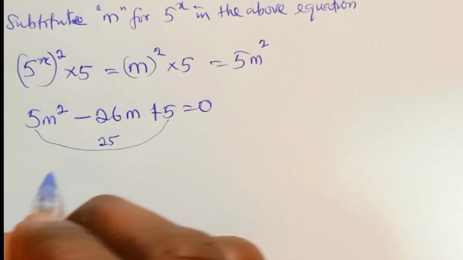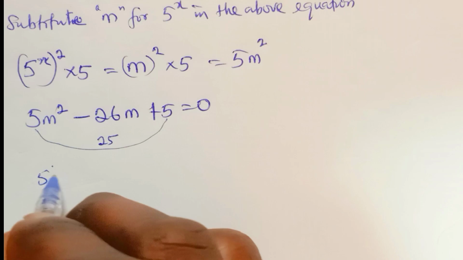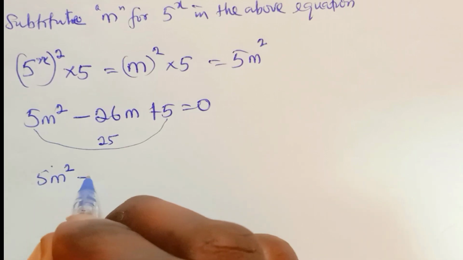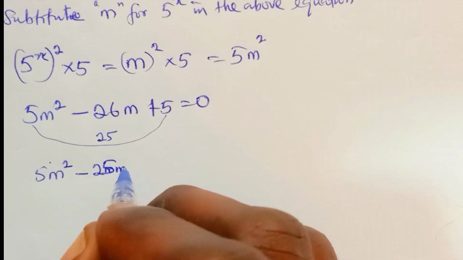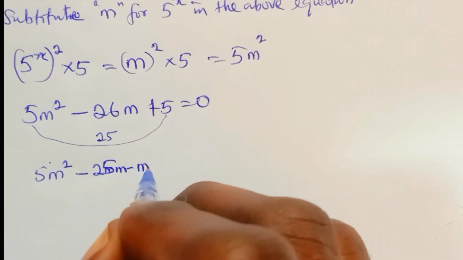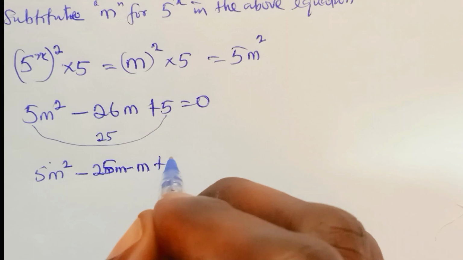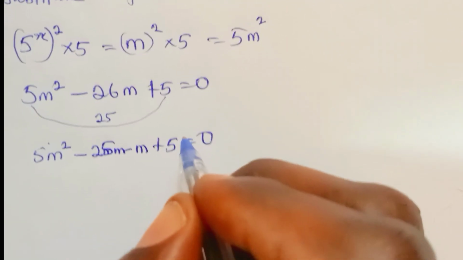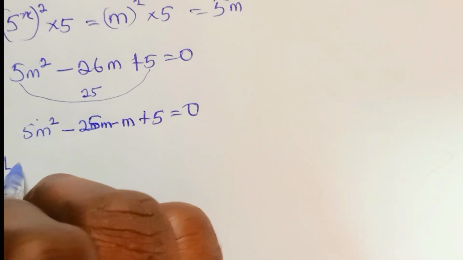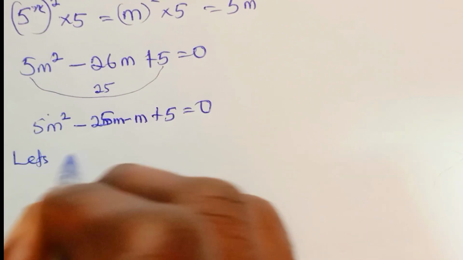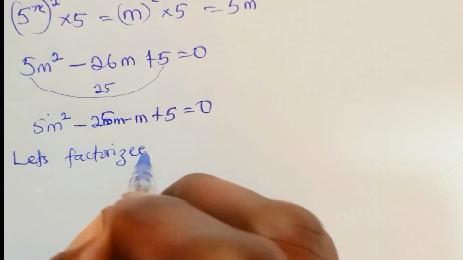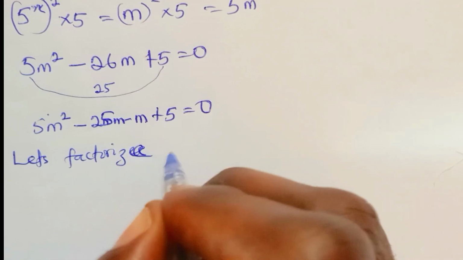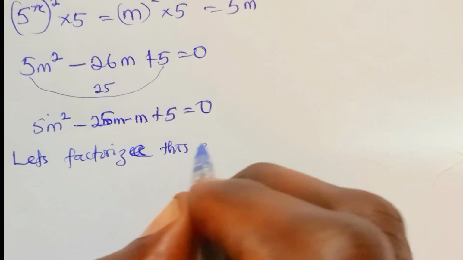We now have 5m^2 − 25m − m + 5 = 0. So let's factorize this equation.